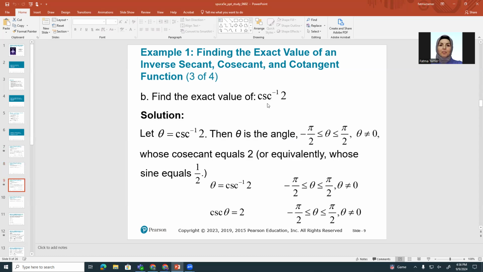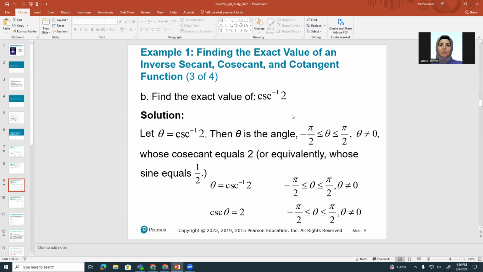Next question, I want to find the exact value of inverse cosecant of 2. Cosecant is the reciprocal of sine. So I would first find the reciprocal of 2, which is 1 over 2. So the question to myself is, what is the angle whose sine value is equal to 1/2?